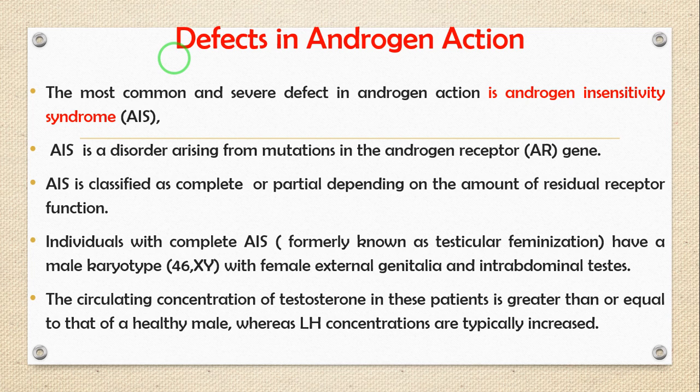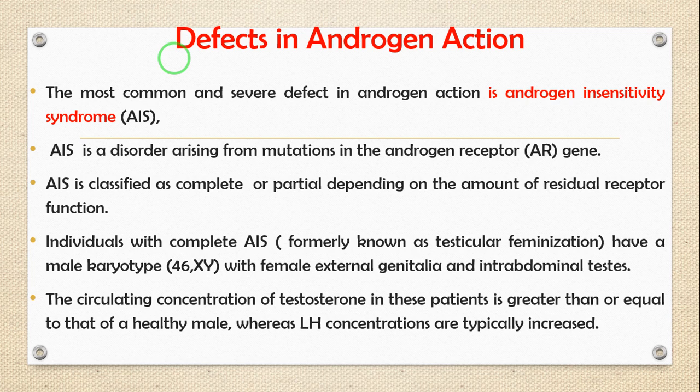By biochemical test, how can we know that the defect in this patient is in androgen action? In this condition, the level of testosterone is normal or high, similar to that of a healthy male, and the LH concentration is also increased.